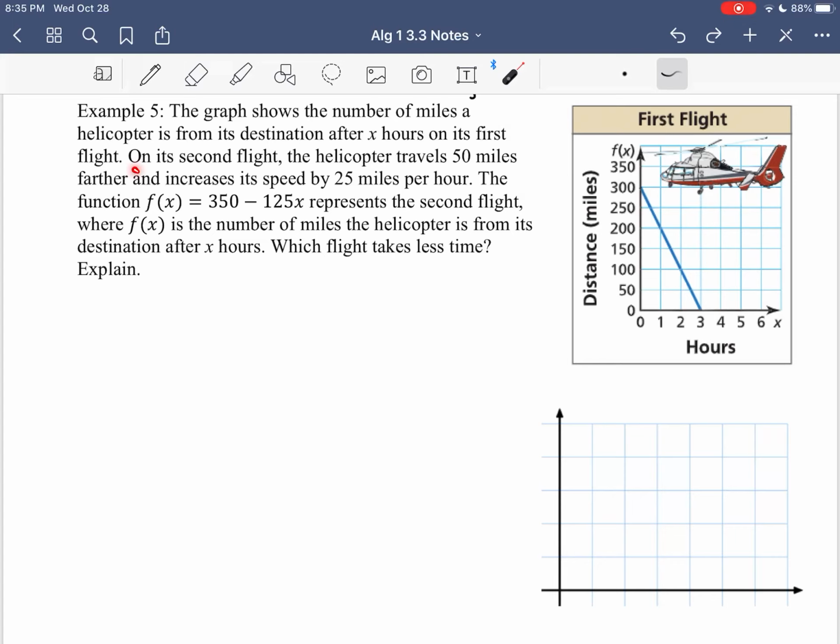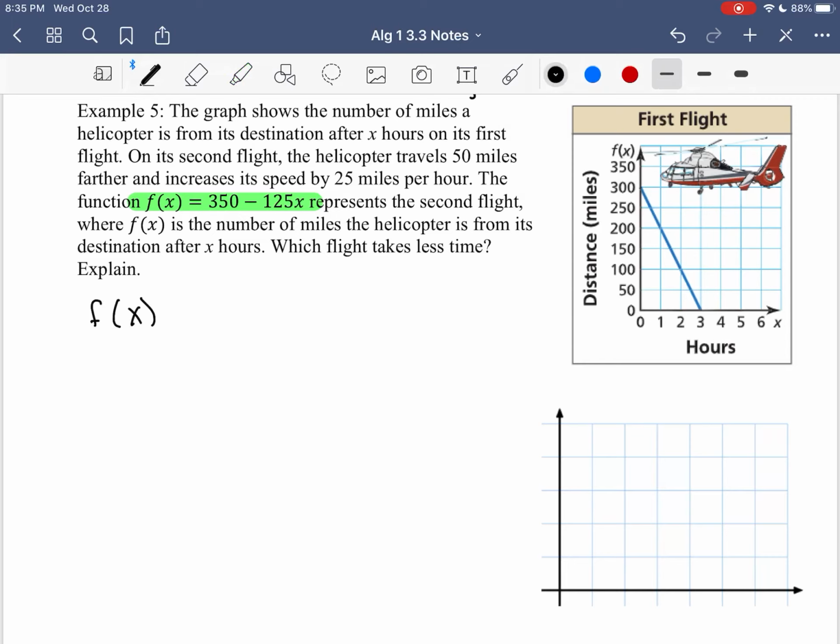Okay. On its second flight, the helicopter travels 50 miles farther and it increases its speed by 25 miles per hour. The function f of x equals 350 minus 125x represents the second flight. So they give me the equation.